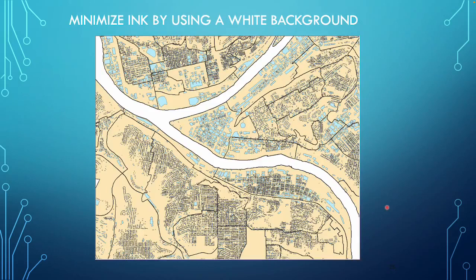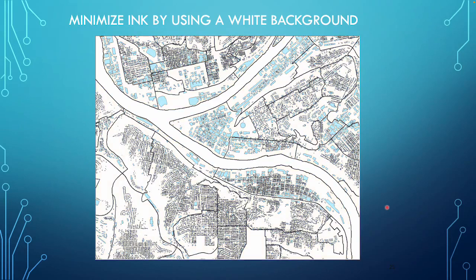All right? So this makes a very busy map. If you look, this is Pittsburgh again. By giving even a beige color to the background, it really makes it look pretty messy. But if we take that out, it becomes a little easier to see things.